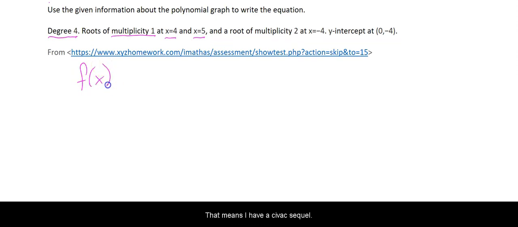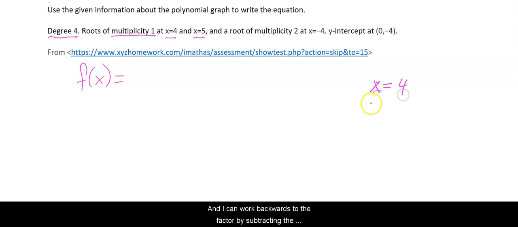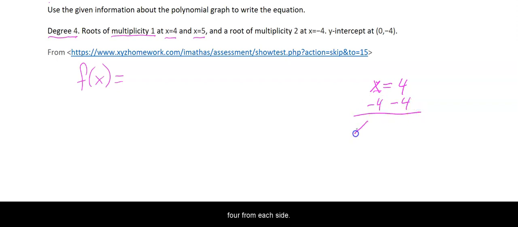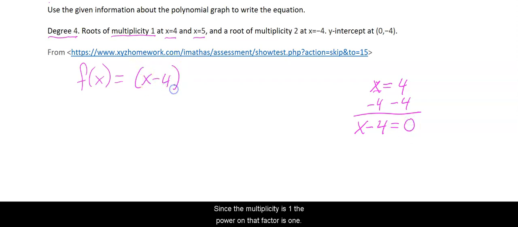That means I have f of x equal, if the solution is 4, then I can work backwards to the factor by subtracting the 4 from each side. That gives me the factor x minus 4. Since the multiplicity is 1, the power on that factor is 1.